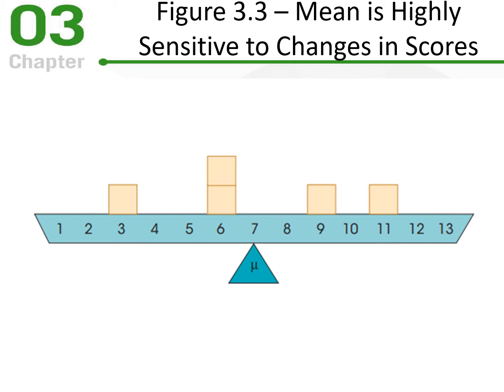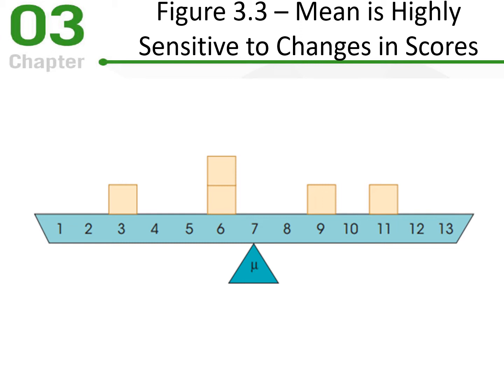That's my mean. Now, if I add a score here, that score is going to affect the mean unless I add a 7. So if I add a 7 here to 35, I get 42. And if I divide by 6, as I added one score, 42 divided by 6 gives me 7. So the mean stays the same if I add a 7.